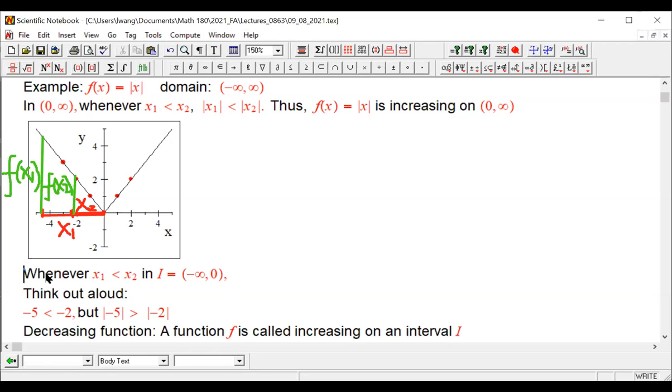So we are considering a general description. When both are negative numbers, one is smaller than the other. After we take absolute value, the absolute value of x sub 1 is going to be larger than the absolute value of x sub 2. This is the application of the definition of a decreasing function.